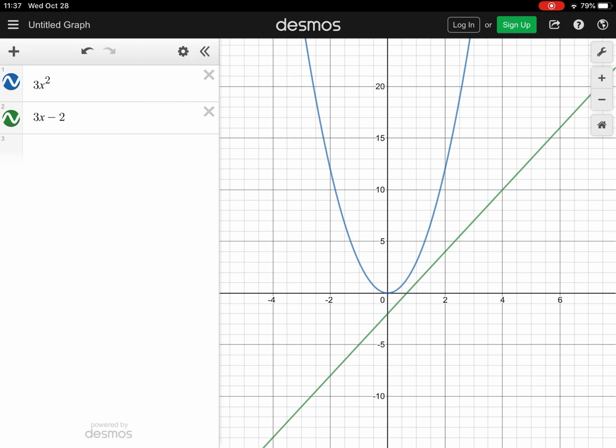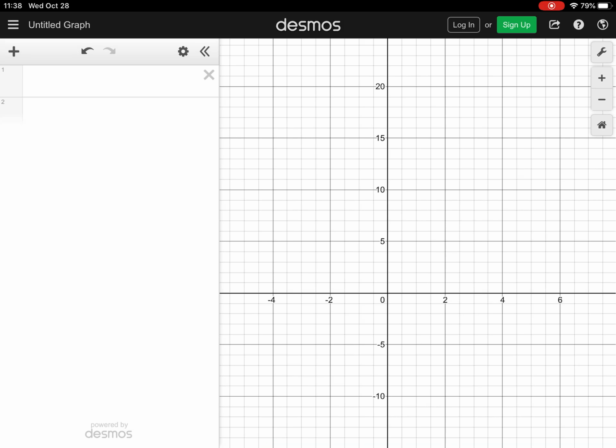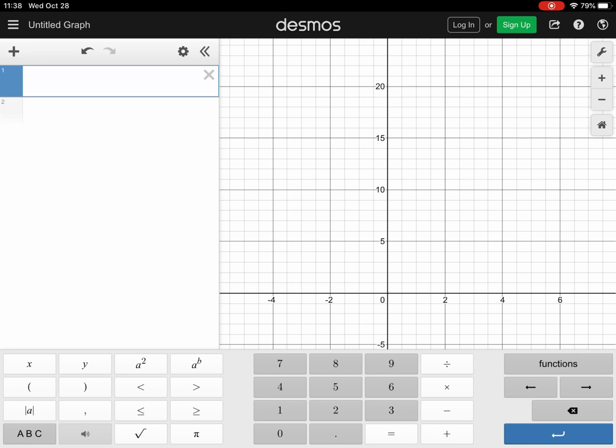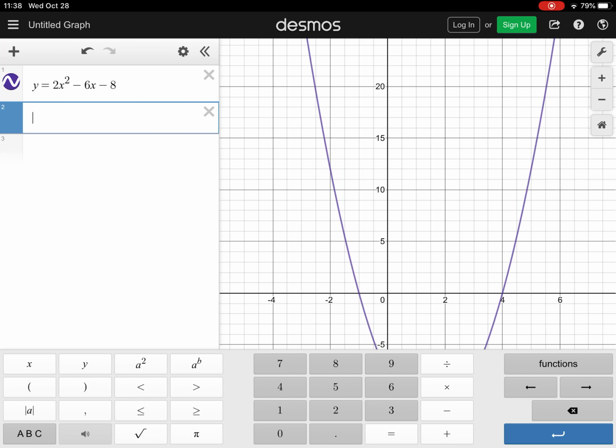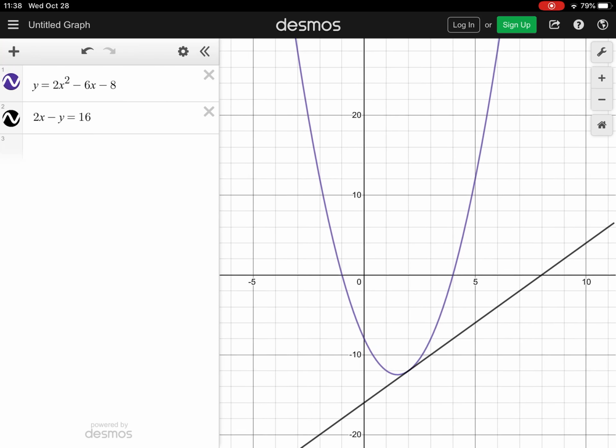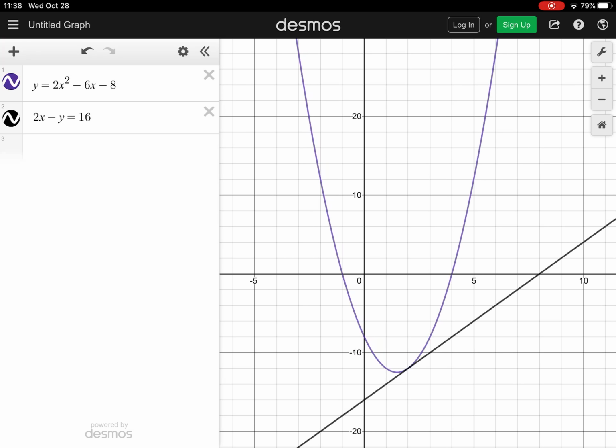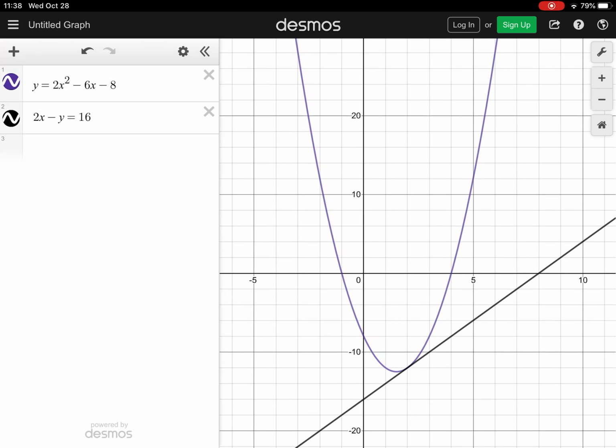So flip over to Desmos here, erase what's in there. And I have y equals 2x squared minus 6x minus 8. Here's why I love Desmos over anything else: I no longer have to get y by itself like your Algebra 1 teachers made you. Because Desmos will graph it without y by itself.